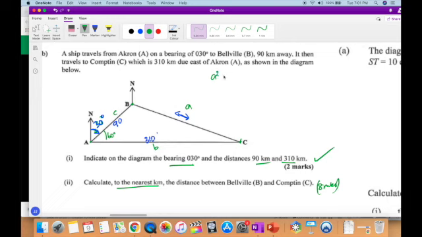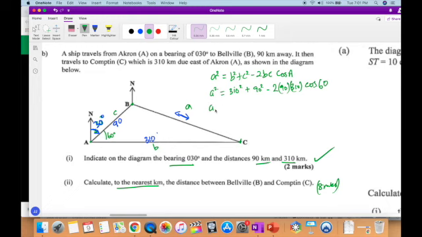A squared is equal to B squared plus C squared minus 2BC cos A. A squared is equal to B squared, which is 310 squared, plus C squared, which is 90 squared, minus 2 times 90 times 310 by the cos of 60, which is the angle inside there.